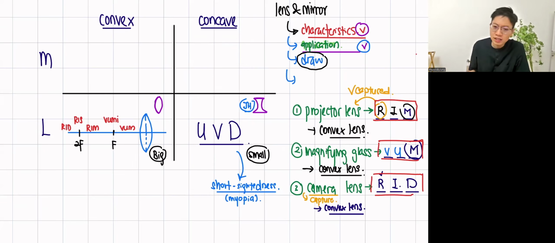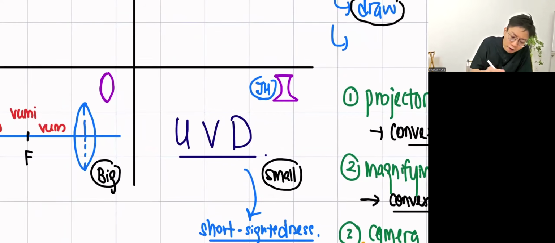What is converging and diverging? Converging means that when your light ray reaches your lens, it will go and meet at one point. So this is called converging. Diverging means that your light ray will go here and then split up like that.